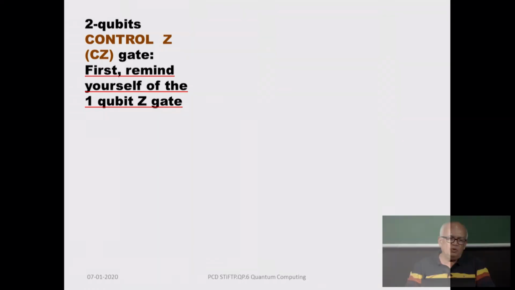Let me also introduce you to the 2 qubit control Z gate. We did the control NOT gate previously, or the control X, which is the Pauli X, right, which was a NOT operation. So, we did the control X. Now, we will do the control Z. So, remind yourself first of what the 1 qubit Z gate did. Okay.